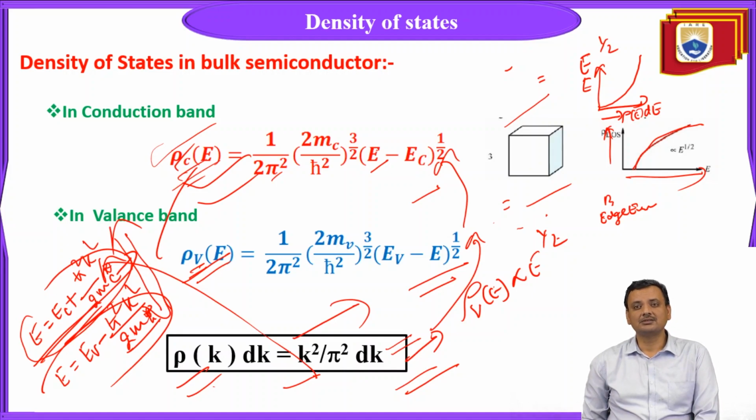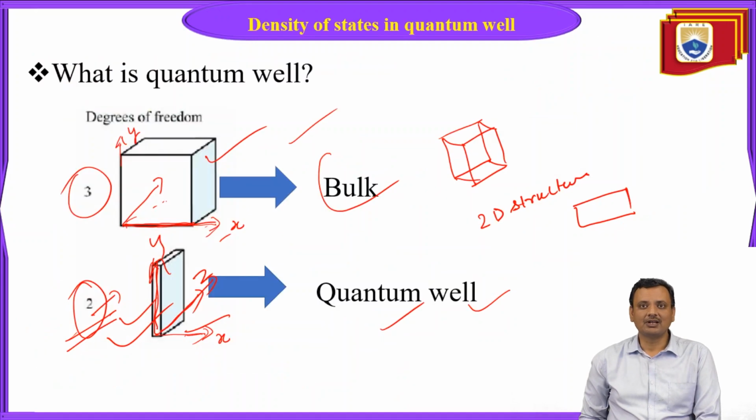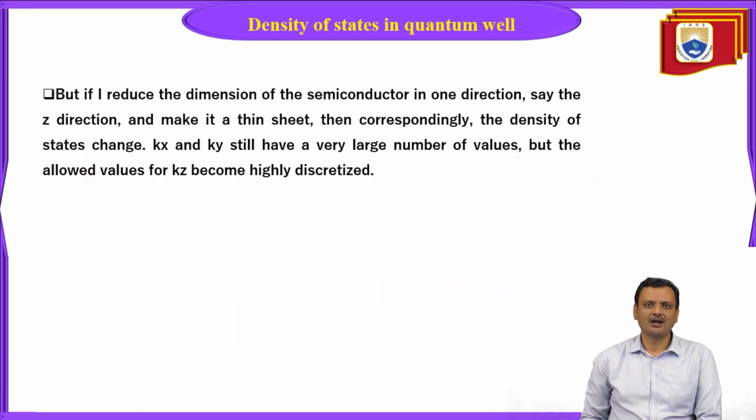Now, what is my aim? My aim is to derive the density of states in a quantum well structure. We already discussed what a quantum well structure is, so let's move ahead. It is already written what a quantum well structure is: I reduce the dimension of the semiconductor in one direction.